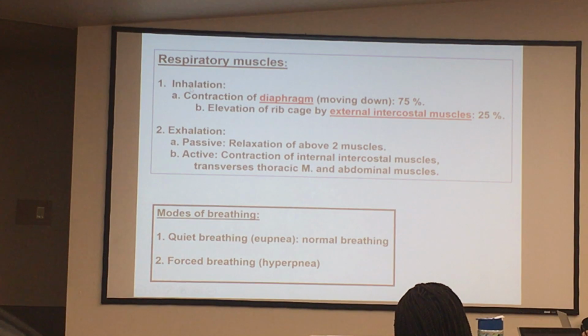For inhalation, we need to have two muscles work. The diaphragm will move down, accounting for 75% of the force. And the rib moves up, caused by the external intercostal muscle. So when air moves in, the diaphragm moves down and the rib moves up.